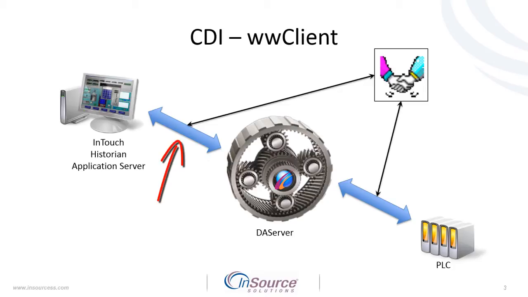To check the connection between the DA server and the InTouch or Historian or Wonderware components, that's called a connection. To check the status of the connection between the DA server and the PLC, that is called setting up an item within the connection. So those are the two primary pieces that WWClient uses to check each of these connections.